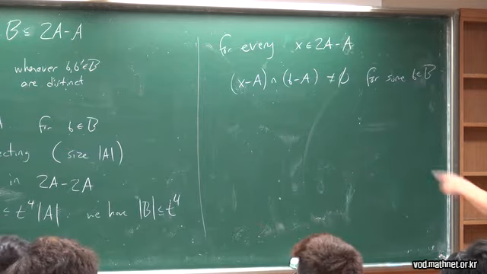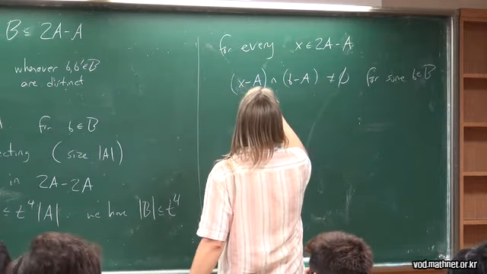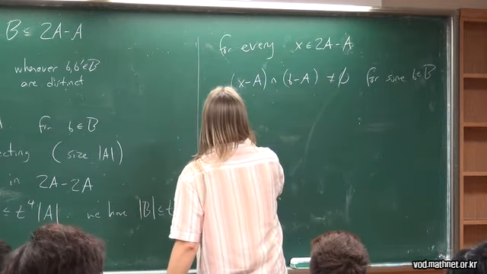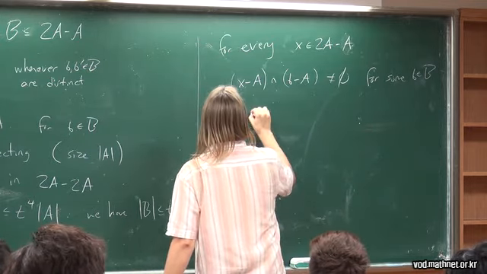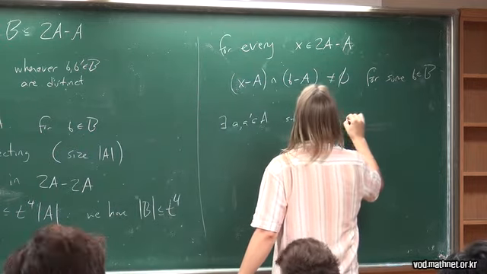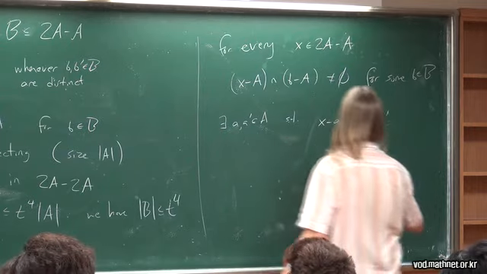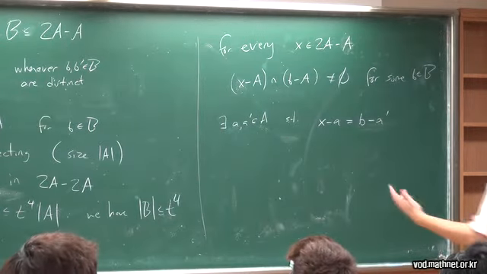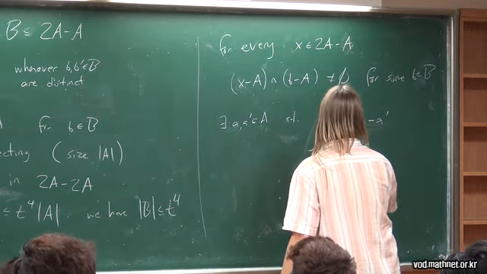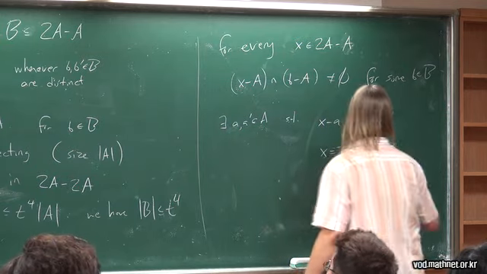Let's read off what this means. There's some pair of elements in A, i.e. there exist a and a' in A such that x minus a equals b minus a'. Or I could write this as x equals b plus a minus a'.